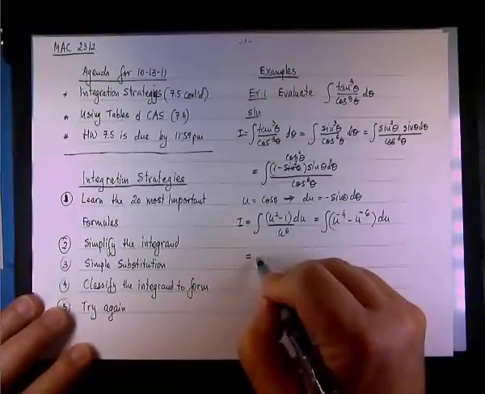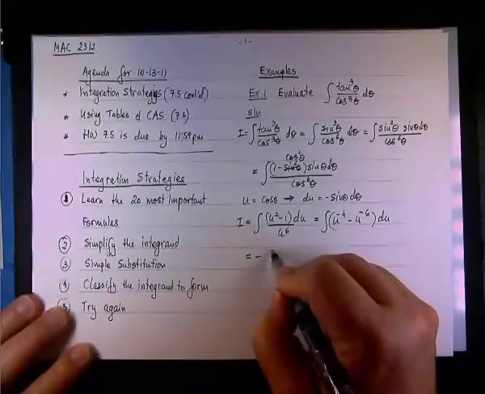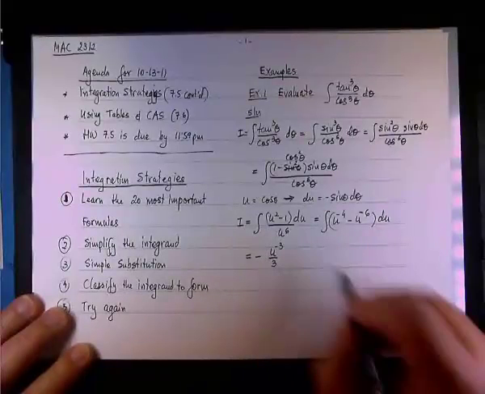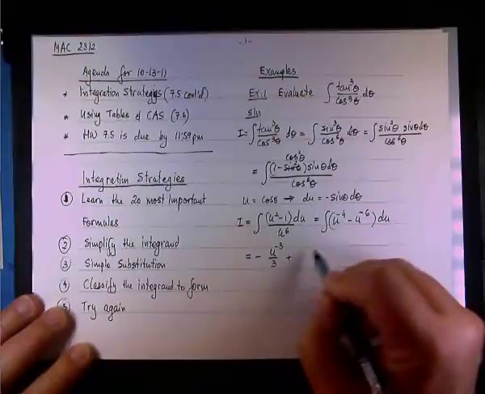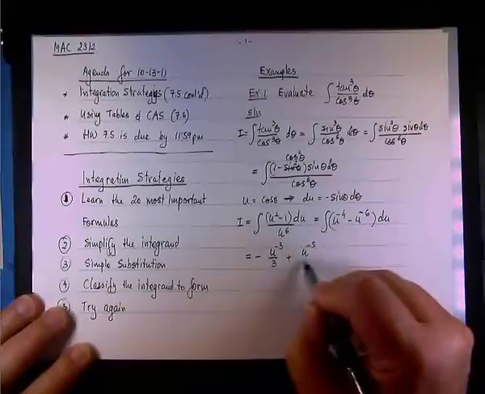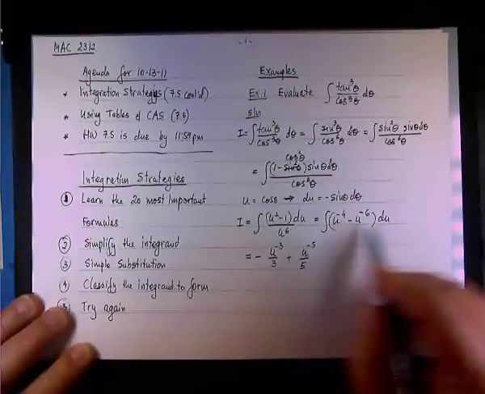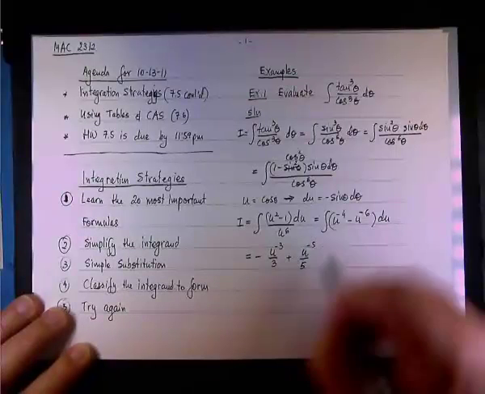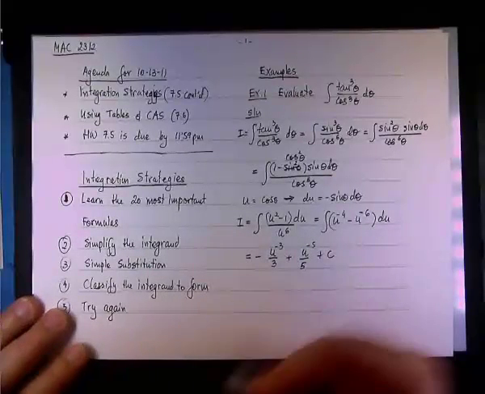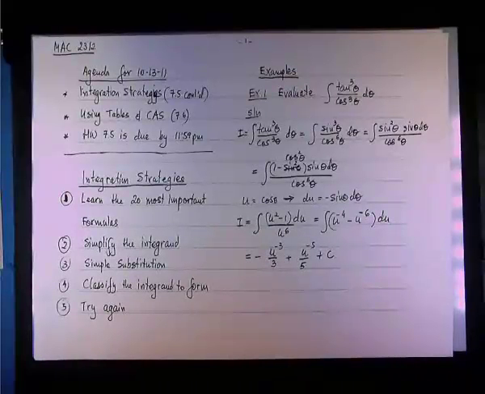So this will be negative u to the negative 3 over 3 plus u to the negative 5 over 5, because of the negative we change sign, plus c.